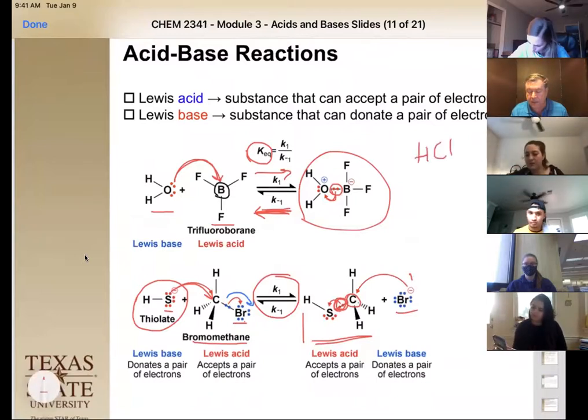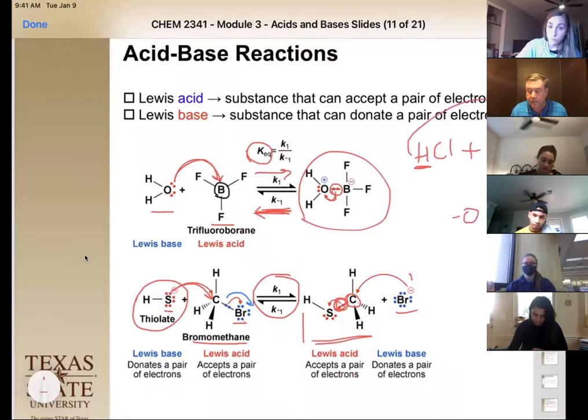Okay, think about adding HCl to water right here. What's going to happen is the lone pair in your water is acting as the Lewis base. The hydrogen here is acting as the Lewis acid, and it gets transferred to create a new sigma bond to form hydronium ion and a counterbalancing negative charge.